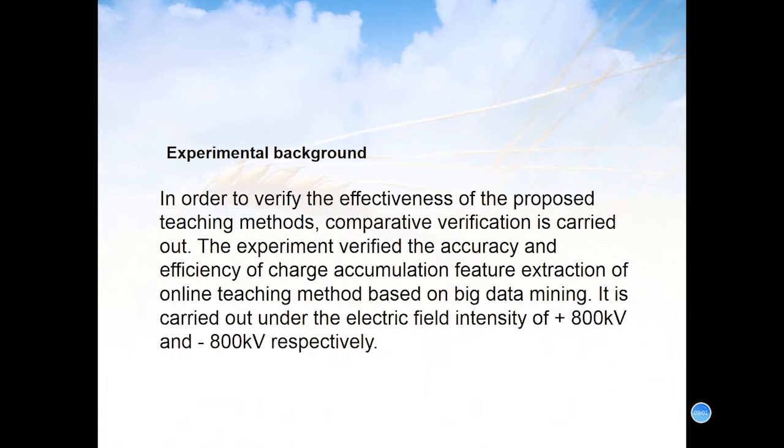It is carried out under the electric field intensity of 800 kilowatts and minus 800 kilowatts, respectively.